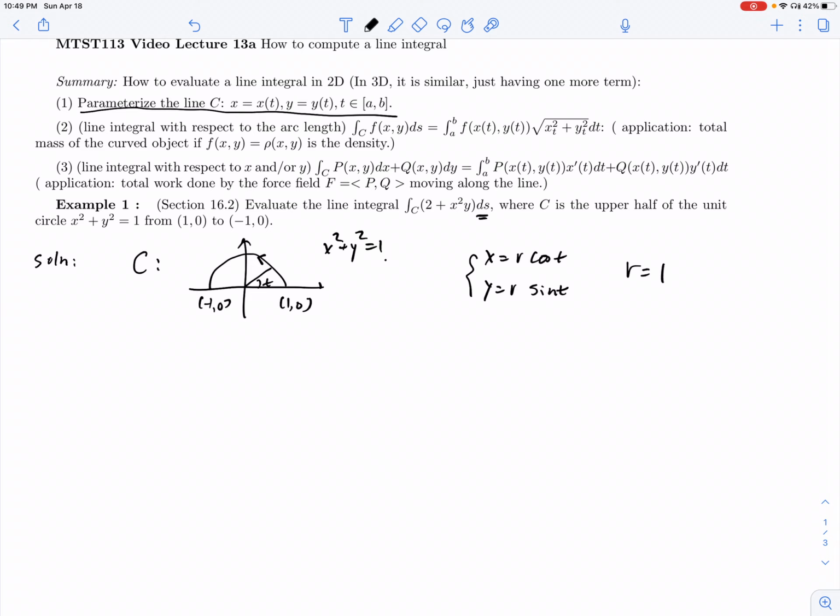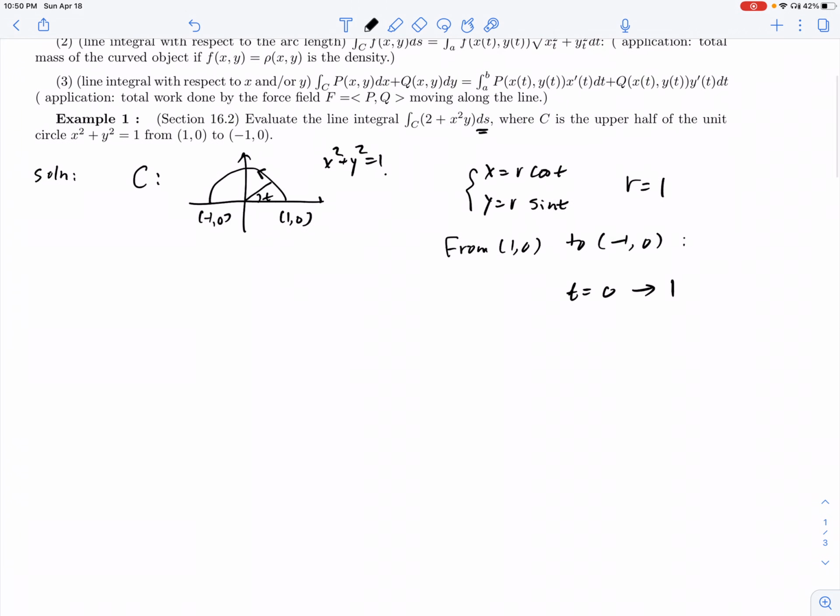So we can see from this point (1, 0) to (-1, 0) means t goes from 0 to pi, because when t is 0, x is 1. So now we are ready because we have x of t is cosine t, and y of t is sine t, and t goes from 0 to pi.